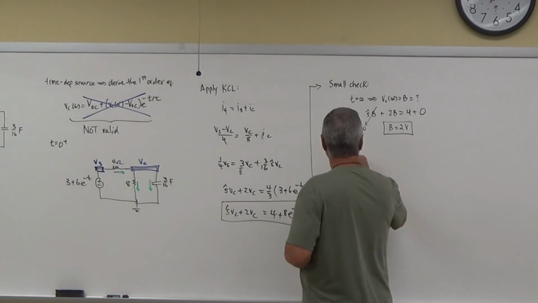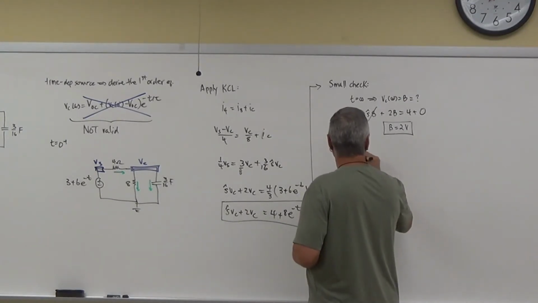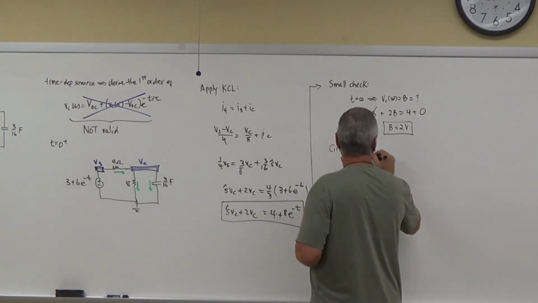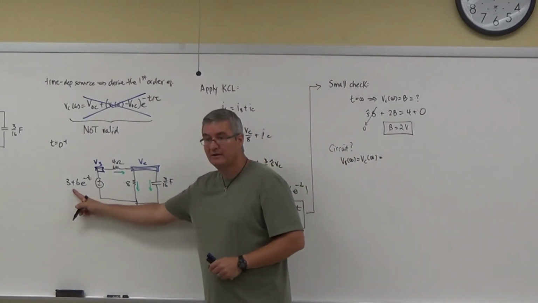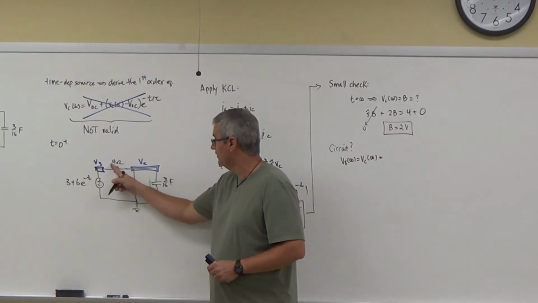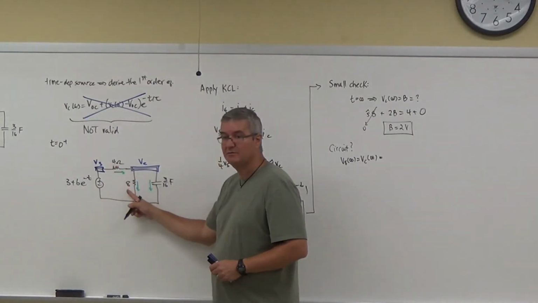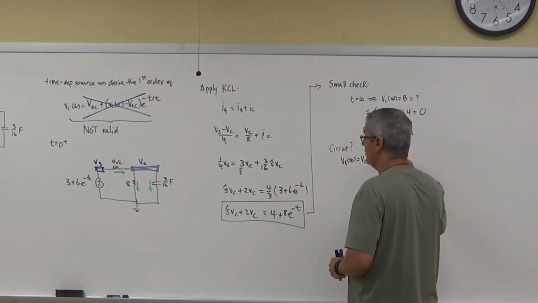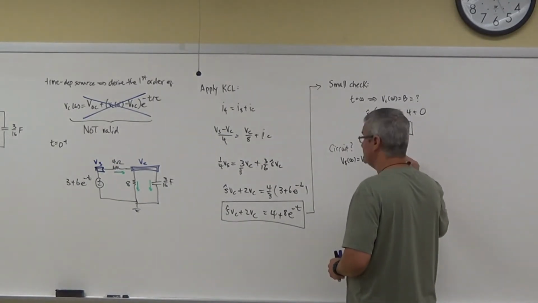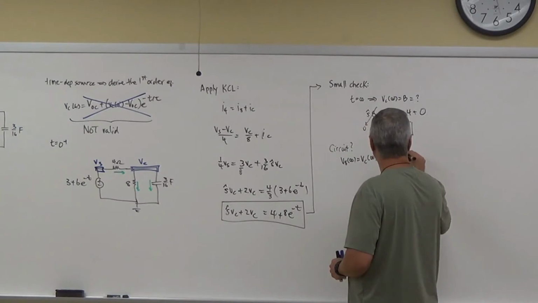So V8 at infinity must be the same as VC at infinity. So if I look at this here, I got 3 going into 4 and 8. It's dividing these guys. So this should be 8 over 4 plus 8 times 3.